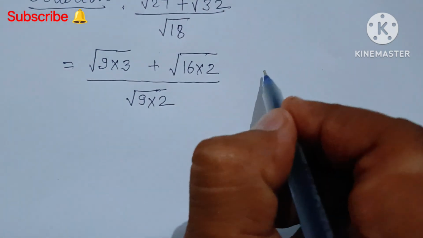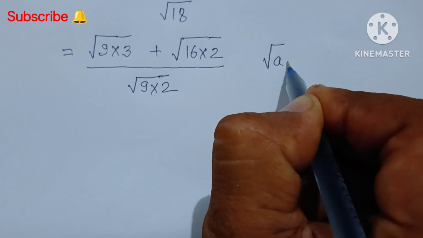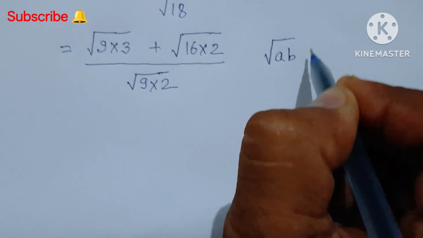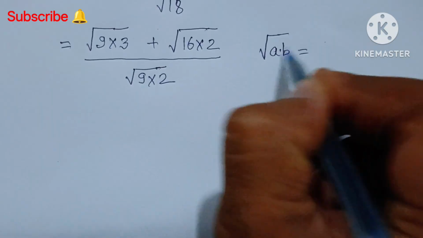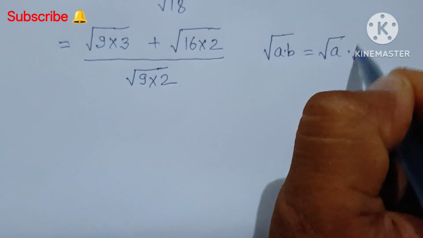Here we can write under root of a into b equals under root a into under root b.